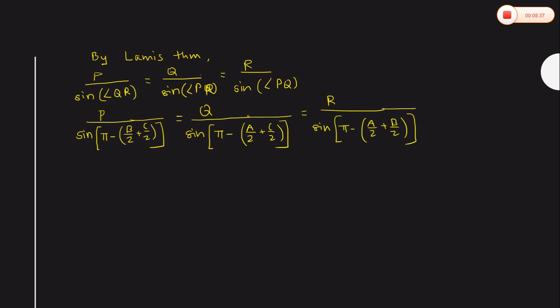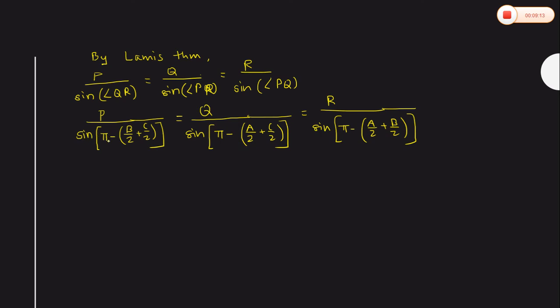Now we will simplify these three ratios. Now this is a multiple of pi. When it is an odd multiple of pi by 2, then it is a lambda, and lambda will change sine into cos. But this is not a lambda because it is not a multiple of pi by 2. So it is a multiple of pi, and therefore it will not change sine into cos.